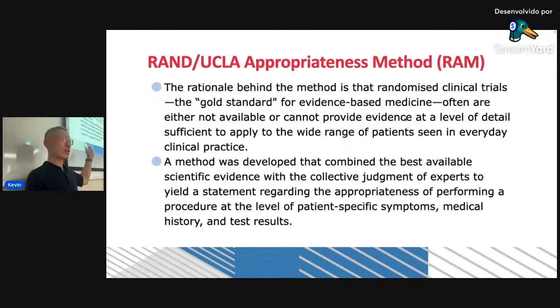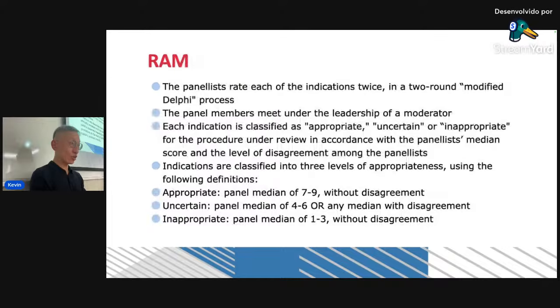If you think about maceration, it may be appropriate, but some people may think it's not necessary on a tool. That's why with the RAND method, we evaluate two aspects, appropriateness and the necessity to be included in the instrument.